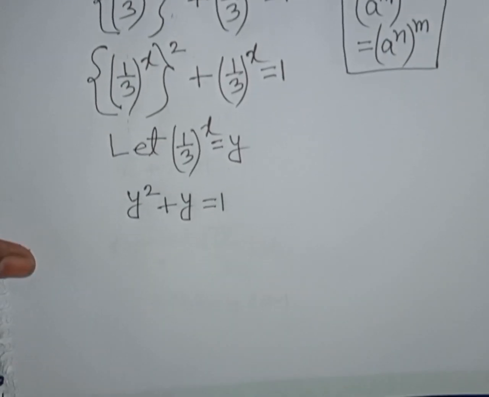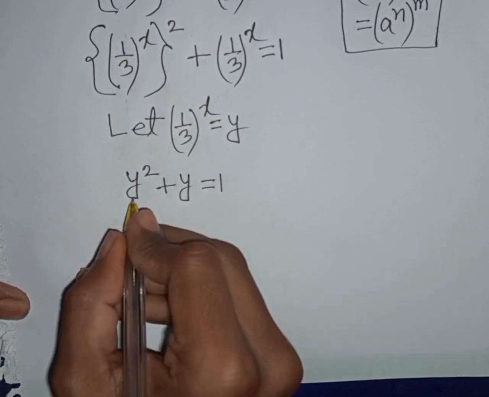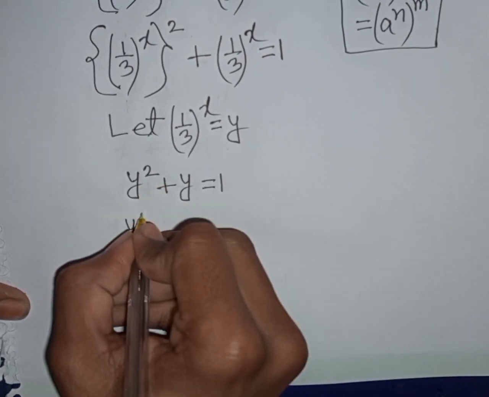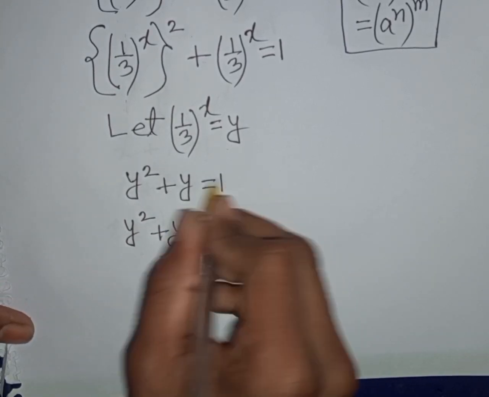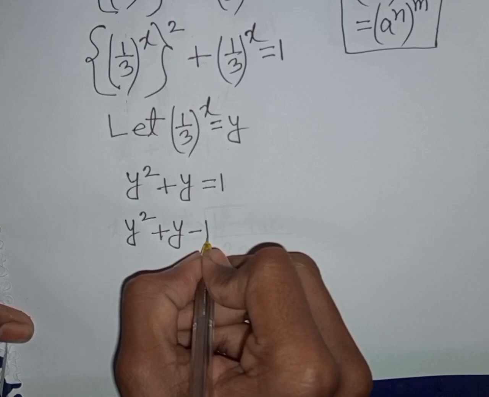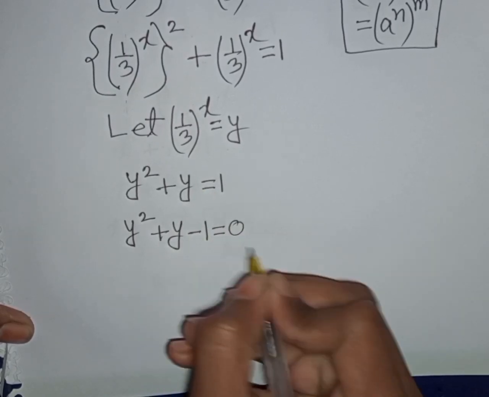Now we can write y square plus y, then this plus 1 take to the left side, so this will be minus 1, is equal to 0.